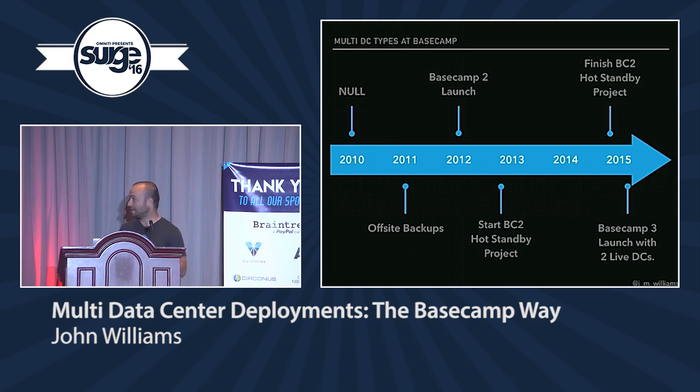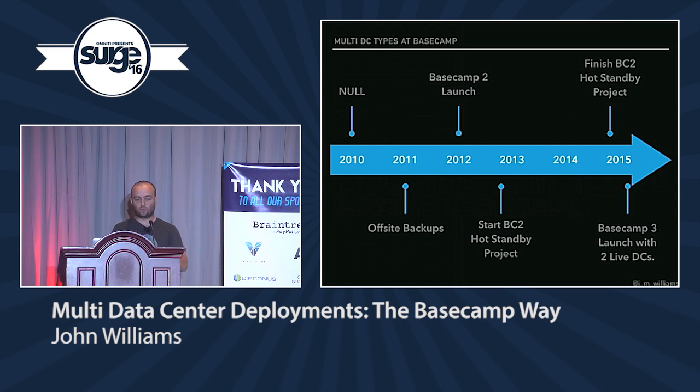Back in 2010, when I started at Basecamp, we had practically nothing. There was no real DR plan. We had a few things here and there that were backed up off-site. Then in 2011, we made a push just to get database backups and object storage backed up to S3 and different places.